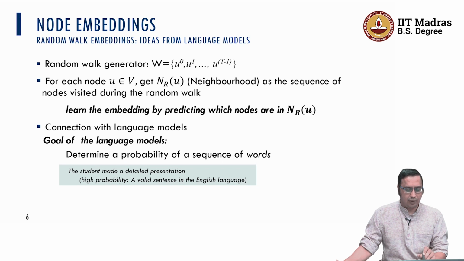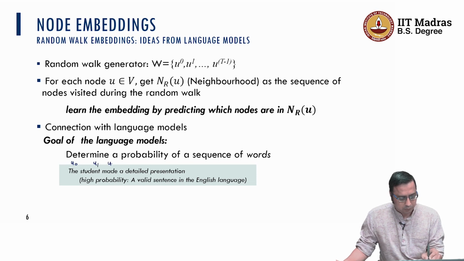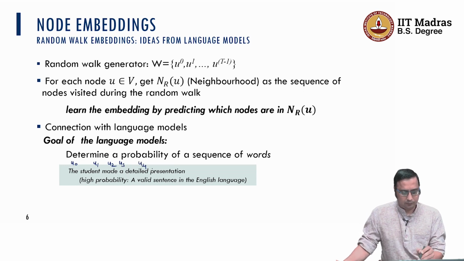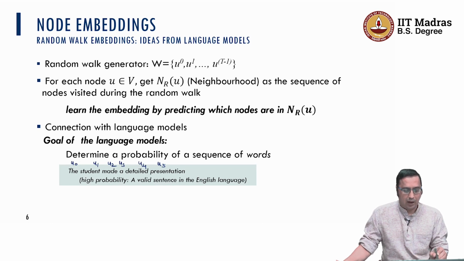Hence, if we take each of them as a sequence of words, let's say W0, W1, W2, W3, W4, W5, then we'll give a higher probability to this sequence of words, because it makes sense in the English language.